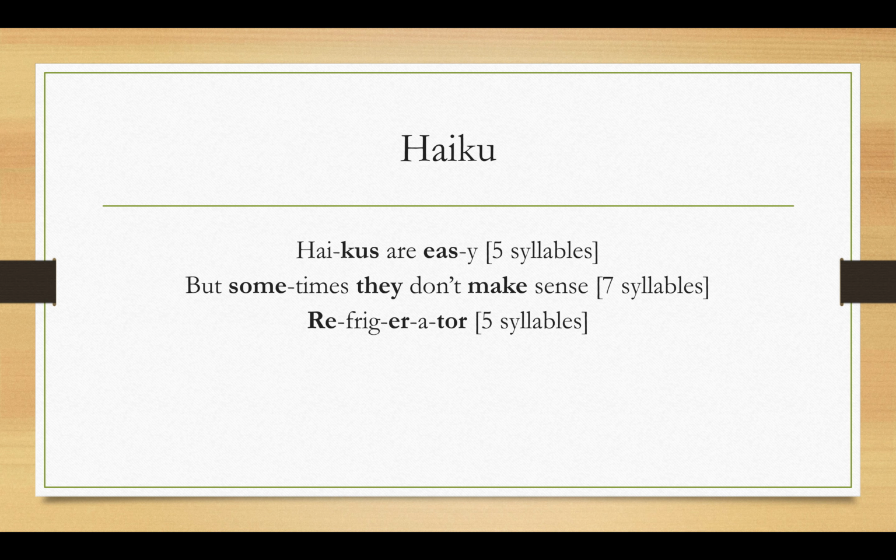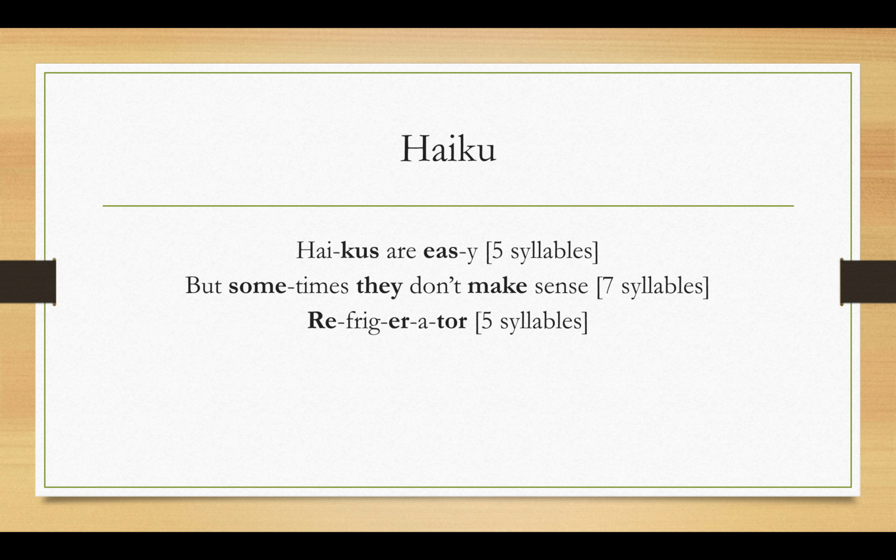So this is the one that they already showed before, and they broke it down so you can see how the haikus are written as 5-7-5. So haikus are easy. So those are the 5. That's kind of when you're talking, your jaw drops a little bit. That's how you differentiate the syllables. So haikus are easy. 7.